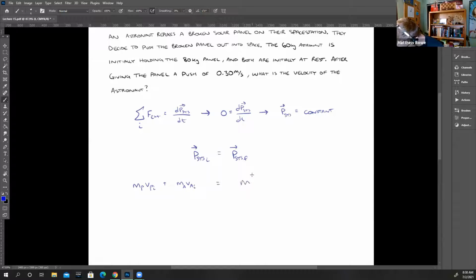That is equal to, and sorry, these velocities should have a vector sign. So what we're saying is the initial momentum is equal to the final momentum. Since the momentum is constant throughout, it's conserved.